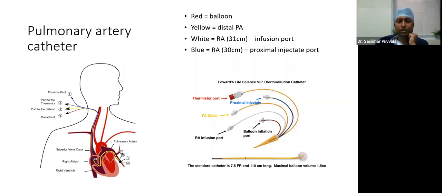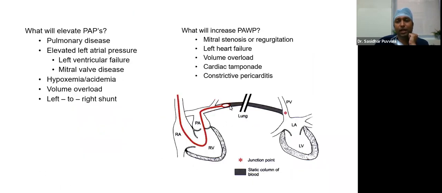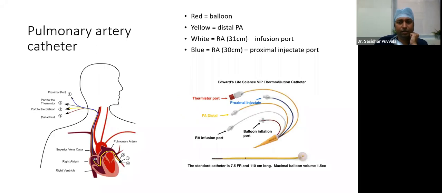You need to understand that when the balloon is inflated, this pressure represents the left atrial pressure. It no longer represents the pulmonary artery pressure, because it represents the back pressure from the LA, and you can clearly see left atrial pressure waveforms also. So these are the three main things which we monitor using a pulmonary artery catheter.